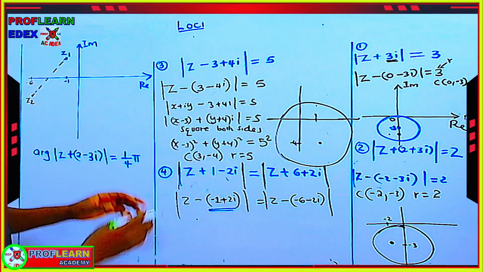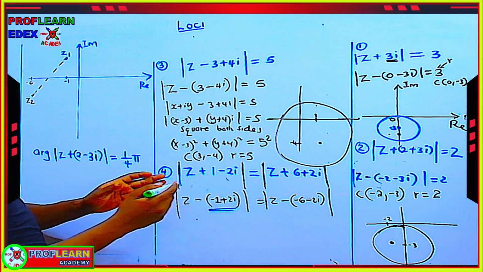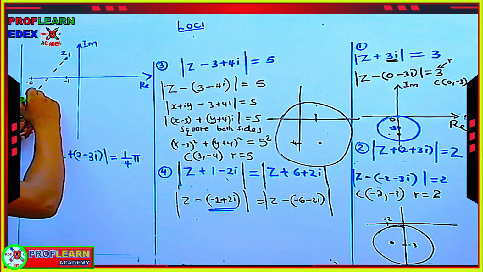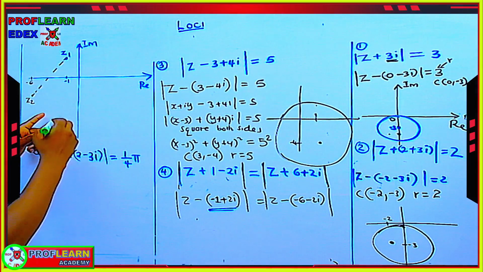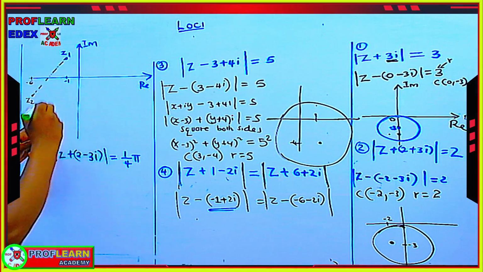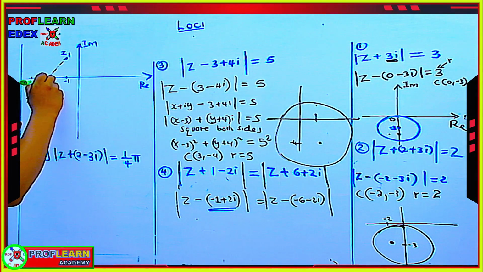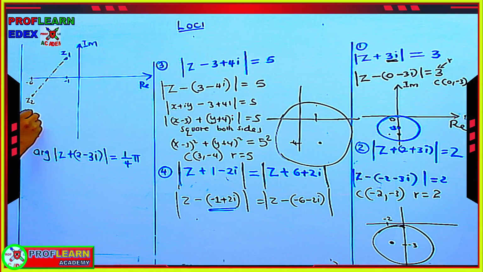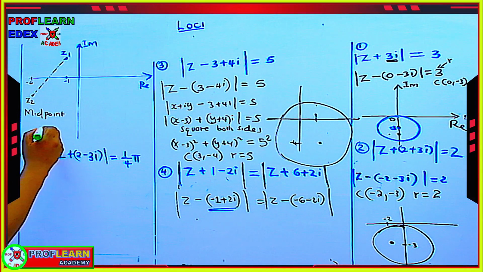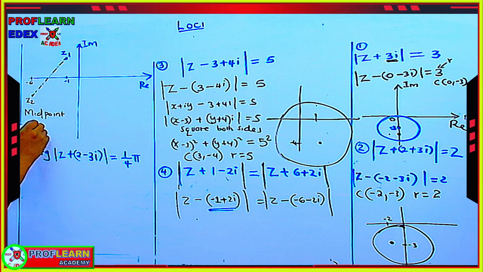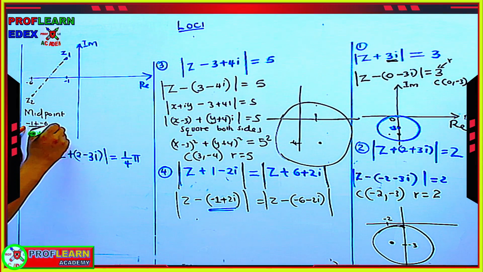So the locus defined by this is going to be the perpendicular bisector of the line segment z2 z1. The perpendicular bisector in this case is going to be a line that passes through the midpoint. And remember, the midpoint is going to be negative 1 plus negative 6 over 2, comma, 2 plus negative 2 over 2.